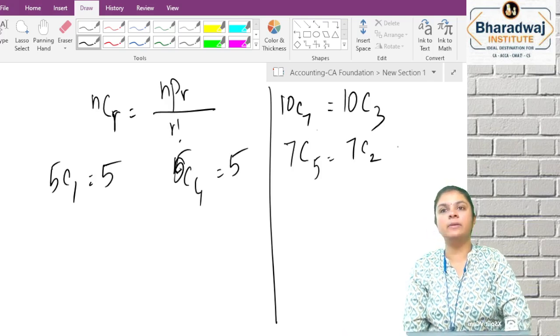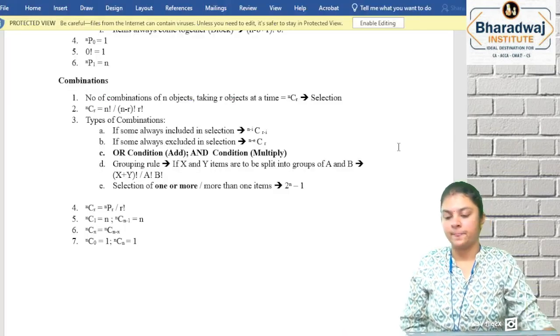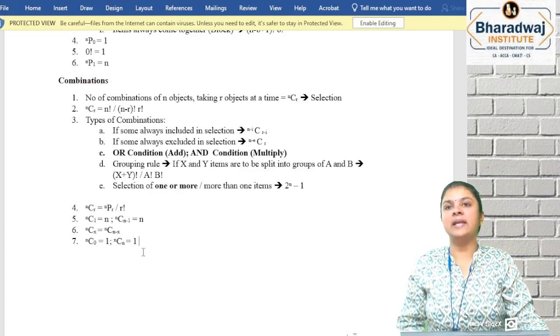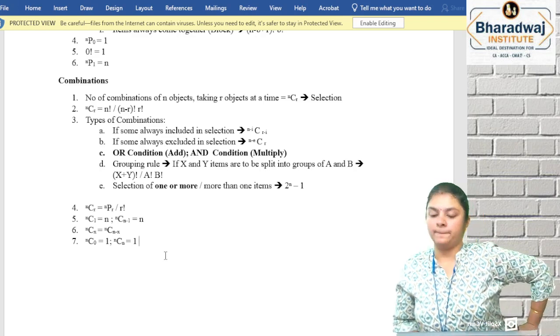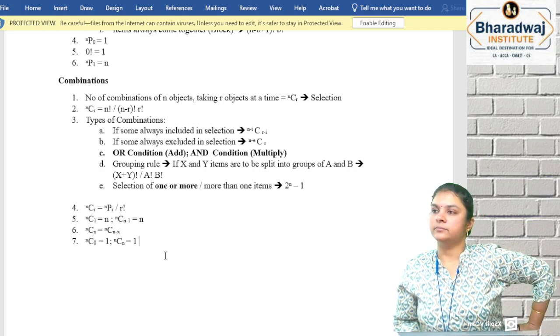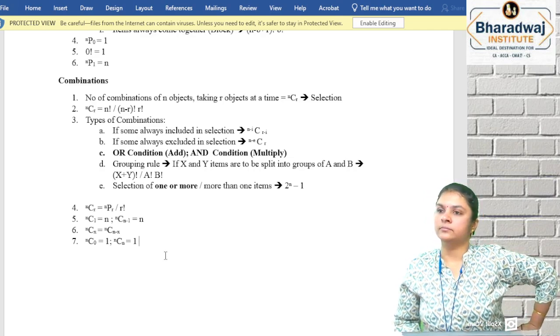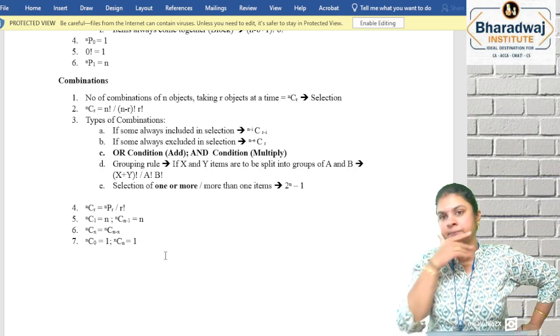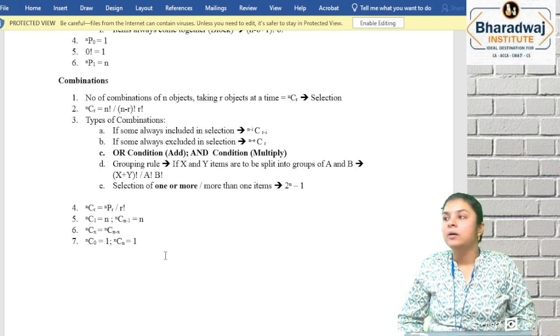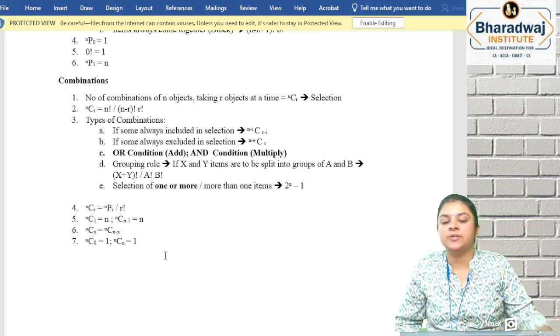So this rule will be applicable. Last, nC0 is equal to 1 and nCn is also equal to 1.